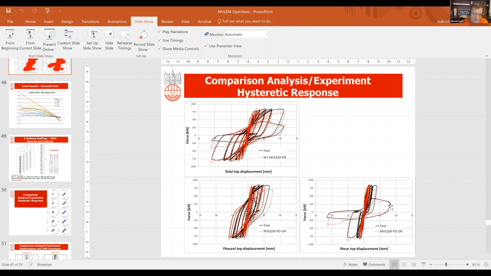Okay. But the last one has a lot of different opportunities for modeling, so it takes some time. I mean, change takes time for everyone, right?